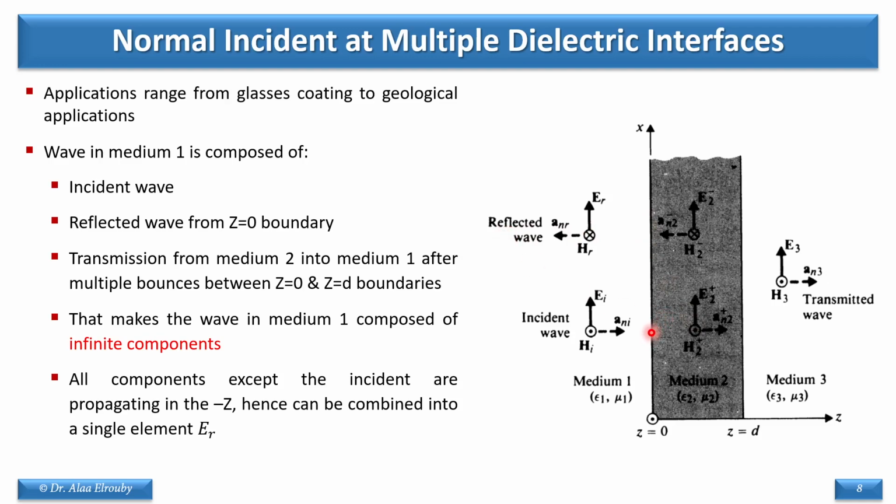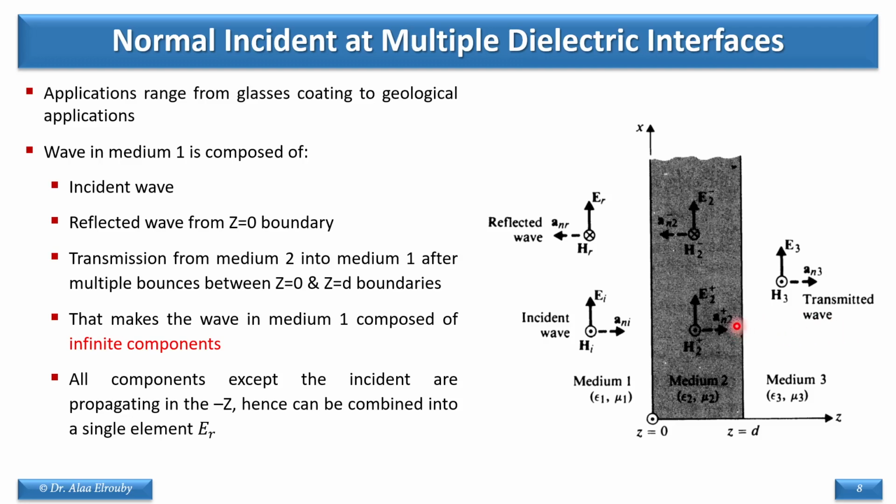The wave that is transmitted into media 2 will propagate and meet another interface. At the other interface, part of it will be reflected back into media 2, and part of it will be transmitted into media 3.